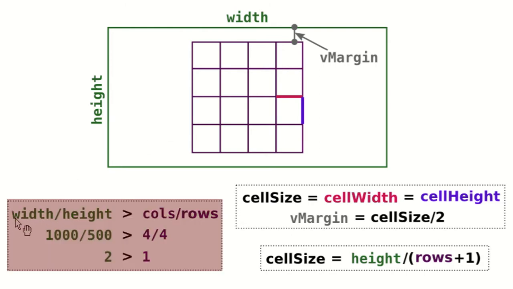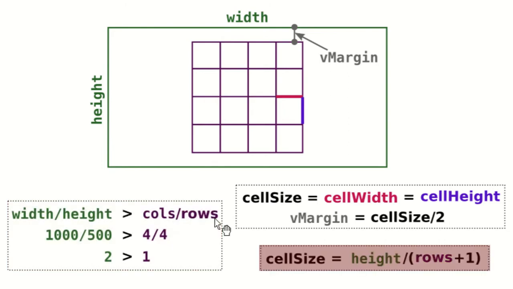In the first one, the width of the canvas divided by its height is greater than the number of columns divided by the rows. In this case, the cell size is equal to the height of the canvas divided by the rows plus 1. The plus 1 is here because the margins here and here are half the cell size each. So the two of them together are like an additional row.